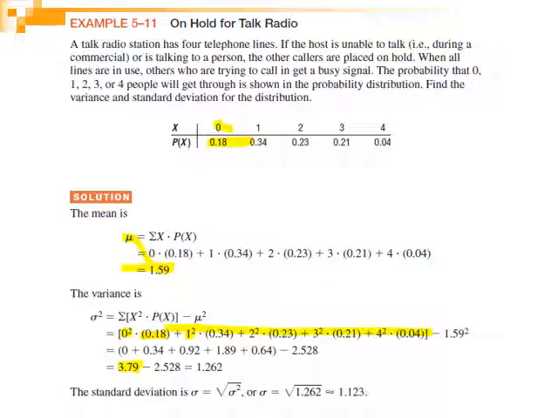Subtracting mu square, which we got in the first step, 1.95 square equal to 3.80, the result of the variance sigma square will be 1.262, and the standard deviation in this case is equal to the square root of the variance, which is equal to 1.123.